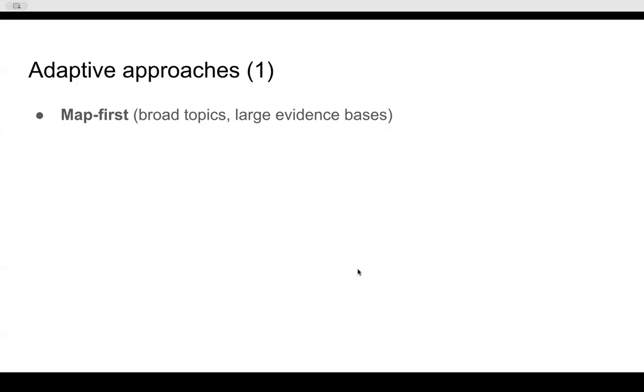I think I mentioned in the framing seminar I gave that often people do come with broader questions, and actually it does make sense to map first, because then you're not risking doing a systematic review and not finding anything. But this is particularly useful for large evidence bases.